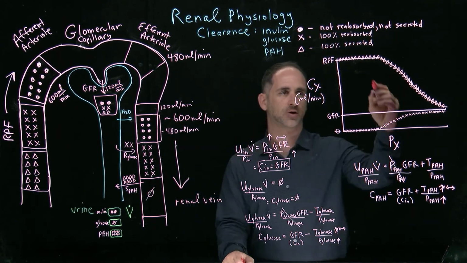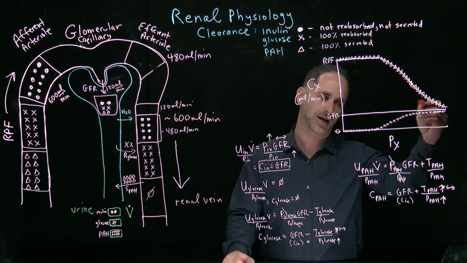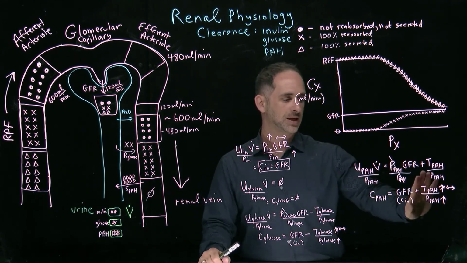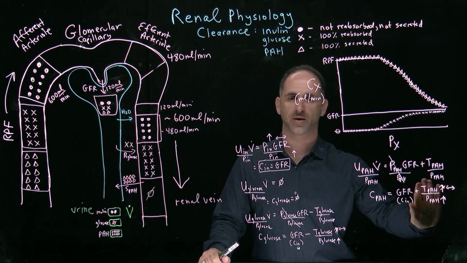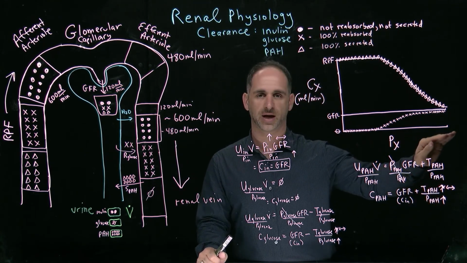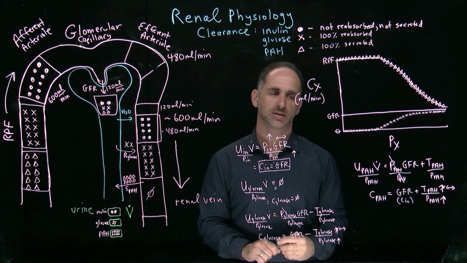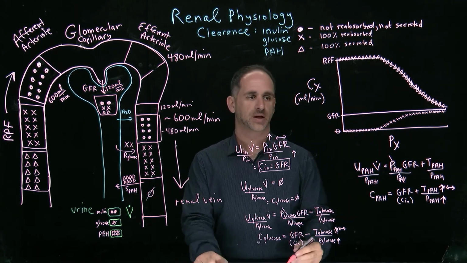Now, the difference is that you're approaching it from a higher value and it's going down as opposed to starting at 0 and going up, but they're all converging because this term is dropping out as you go to a very, very high plasma concentration. Okay? And this illustrates another important point.